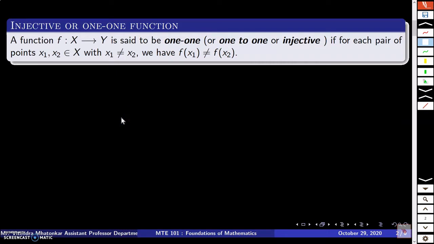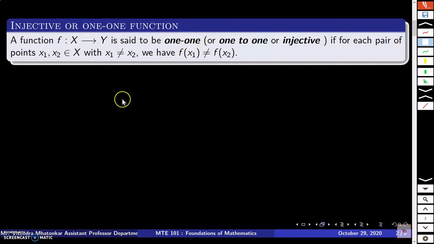So whenever you pick up two different points in the domain, their images in the codomain should be different. If this happens for every pair of points in the set x, that is the domain of the function, then we say that the function f from x to y is a 1-1 function.